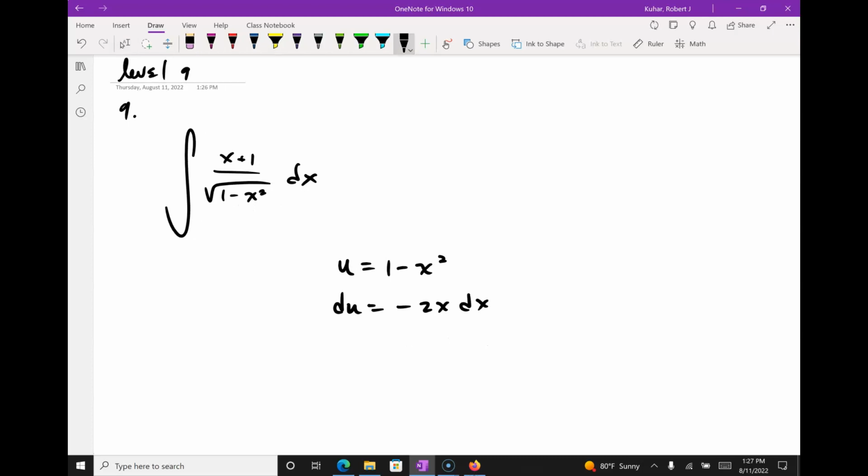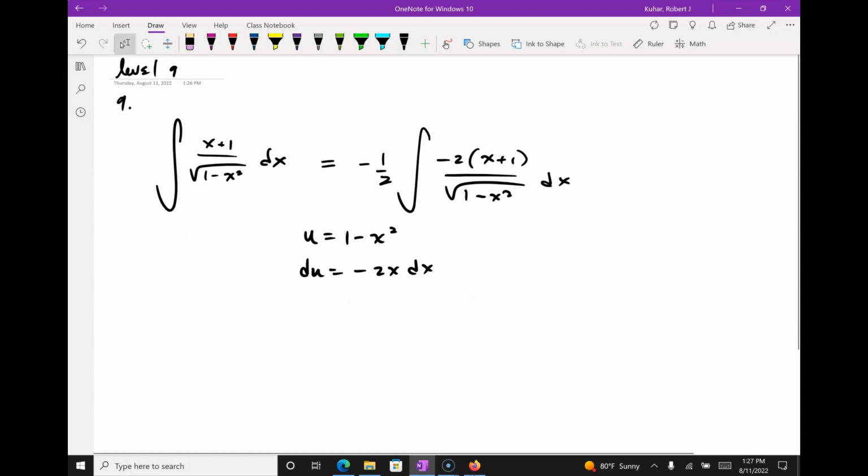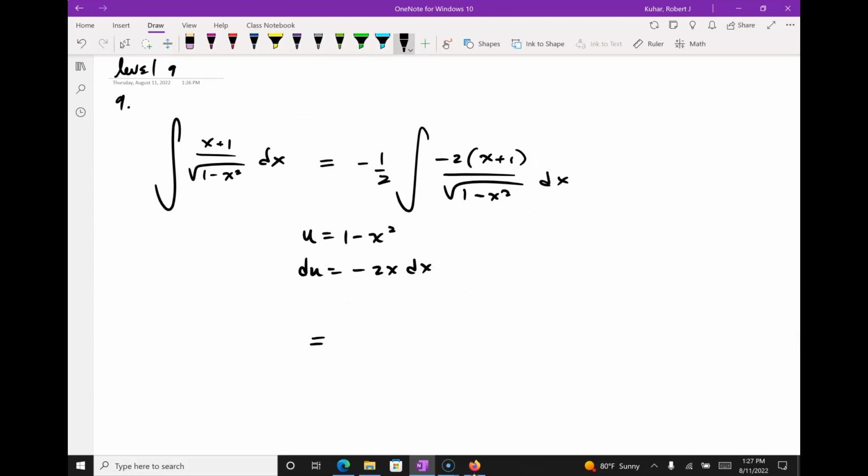So in this particular case, I can get that negative 2x dx, but I'm going to have something left over, right? I'm going to get negative 2 times this x plus 1 over the square root of 1 minus x squared dx. So I think I've got a u sub here. In fact, I do. But now I have a negative 2x minus 2 over square roots of 1 minus x squared dx.